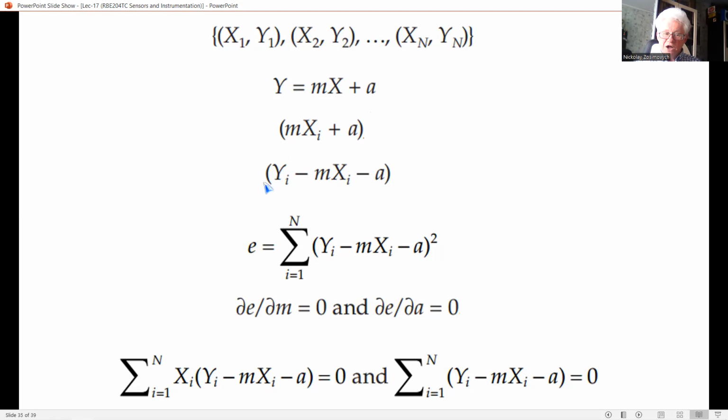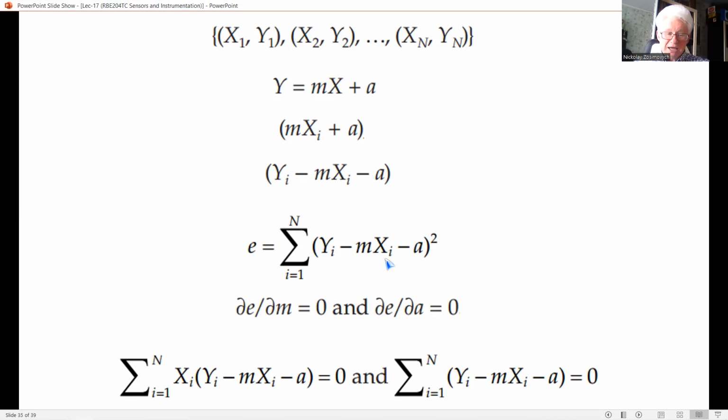The corresponding error or residual is y sub i minus m x sub i minus a. Hence, the SSE for all the data points looks like this expression: E equals the sum over all n of y sub i minus the regression line, squared.